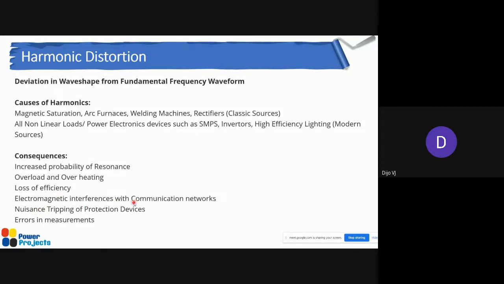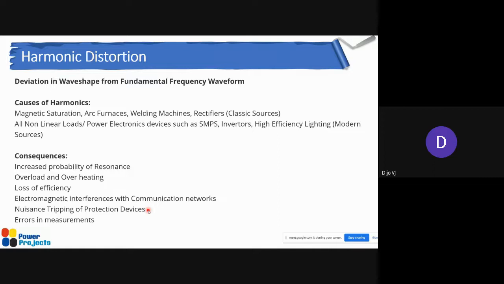Electromagnetic interference can happen if there are higher order harmonics. It can cause interference with communication networks. Nuisance tripping can happen in the protection device when it comes to triplen order harmonics, like third, sixth, ninth, 11th, etc. Harmonic current goes to the neutral of the equipment, where in general there is no current expected.